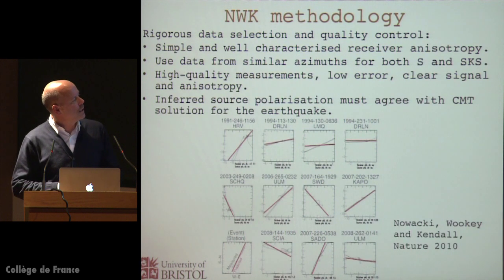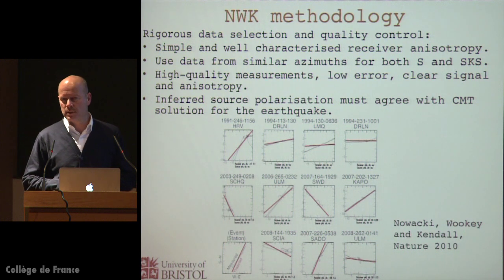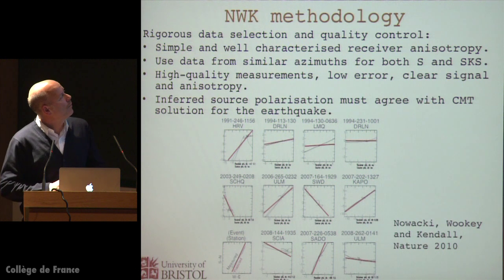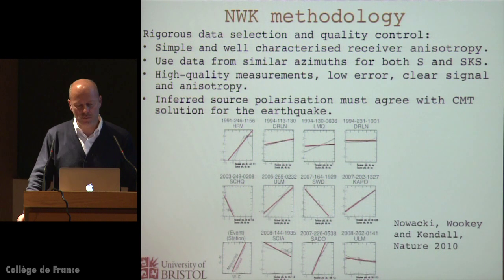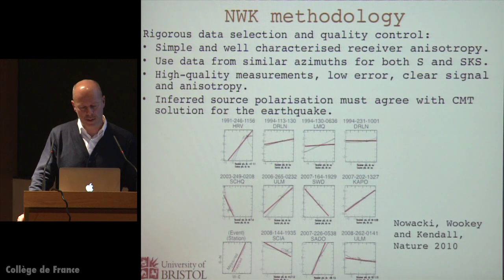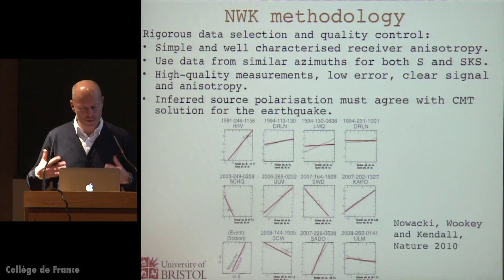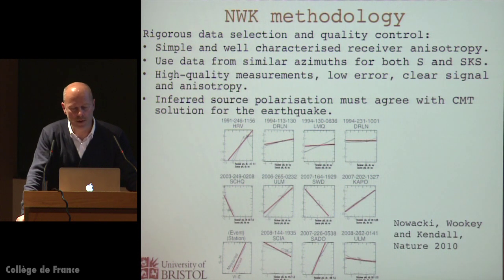So the approach is one of these calculations that's really quite easy to do, but it's also really easy to do incorrectly. So we have a series of checks that we impose on the analysis. We have to have a very simple receiver anisotropy. We don't want multi-layers or dipping layers, that sort of thing. We try to use similar azimuths for both the S and the SKS signals.